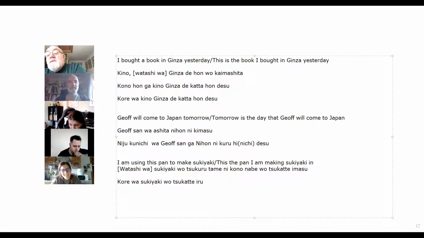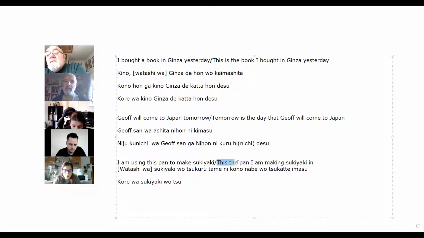Tsukateiru, definitely. Sukiyaki, not tsukateiru, but because it's not a tsukao desu. Yeah, I'm using it every day. Tsukao desu. Yeah, or in this case, it's actually tsukao nabe.